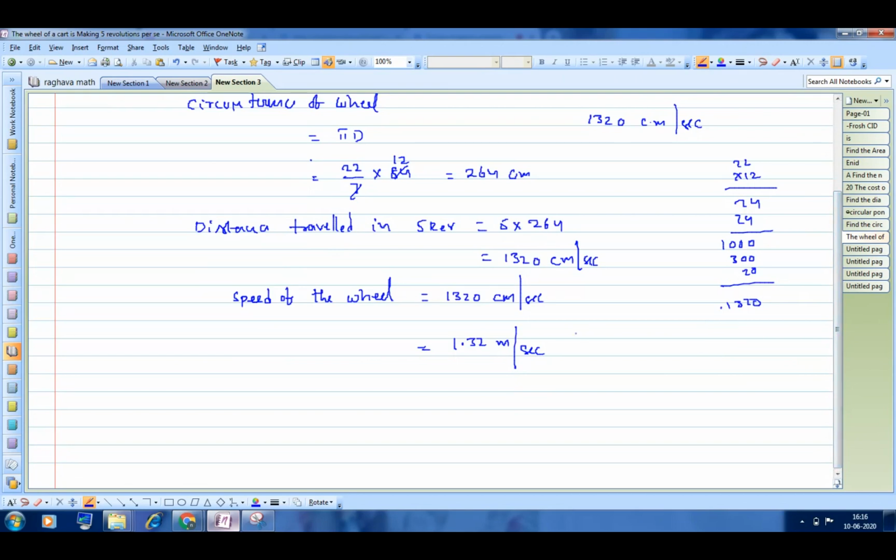First convert into meter per second. After that, it will be easy to convert into kilometer per hour.